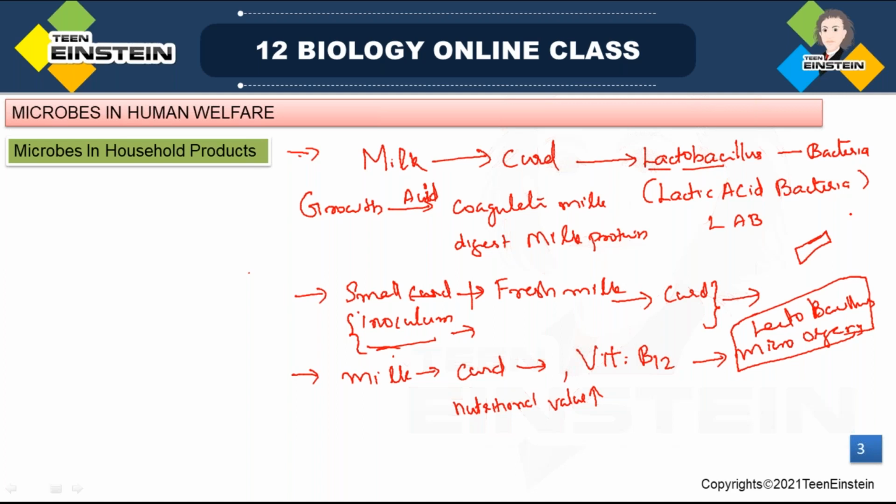Not only curd is called inoculum, whatever bacterial content we add to make some useful product is called inoculum. Okay. So lactobacillus has a very beneficial role in the human body. Okay.